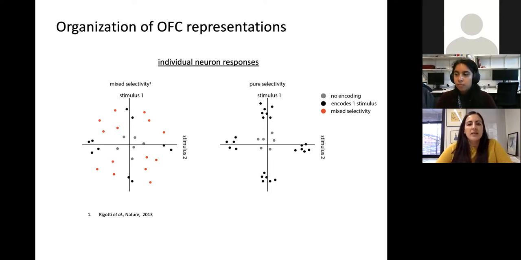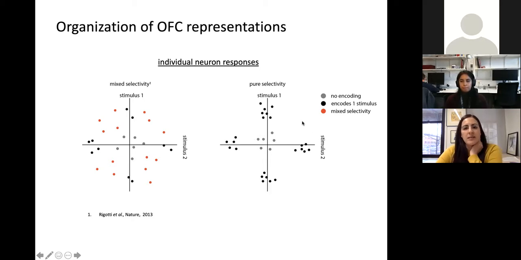If you have a task which is complex and there are multiple variables that might be encoded, one possibility is that you have what's called mixed selectivity, where individual neurons can be tuned to different, here, these are stimuli, to different aspects or behavioral variables. And there's evidence, this has been widely reported in recordings from frontal cortex and has some specific advantages for being read out by downstream circuits.